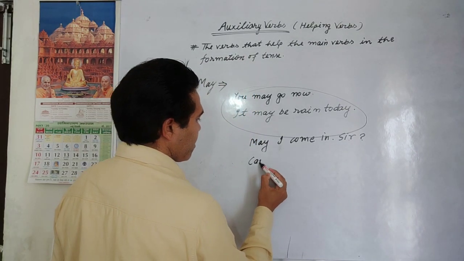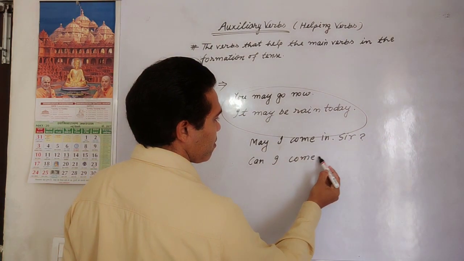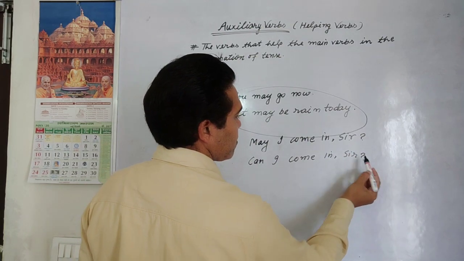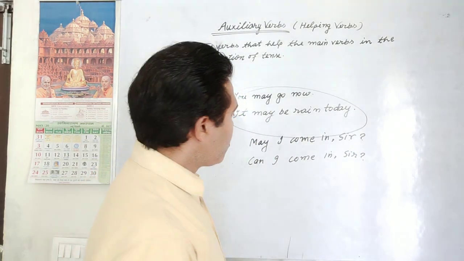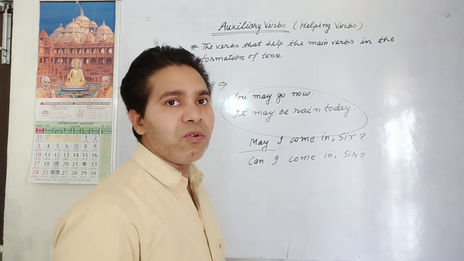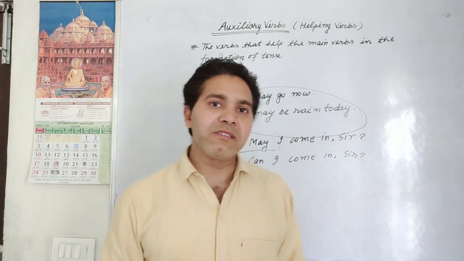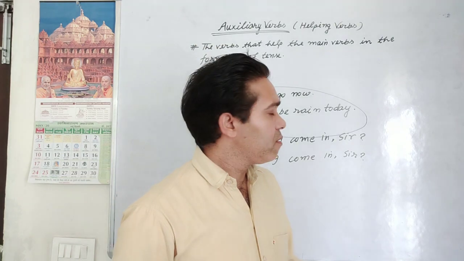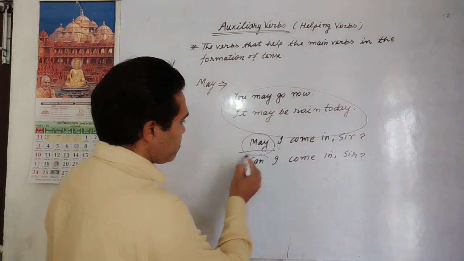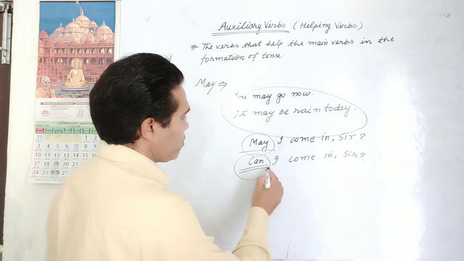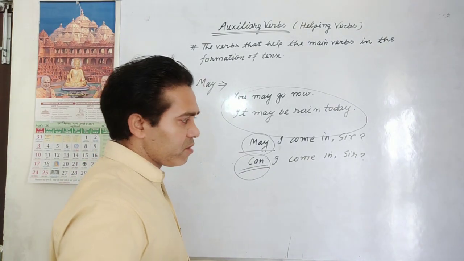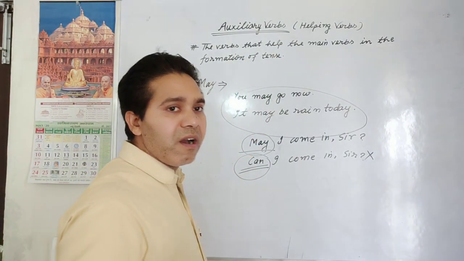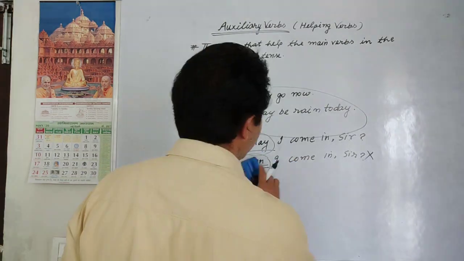If we say, can I come in, sir, means if we want to use may with teachers or for respectable persons, then we use may. For teachers, principals, okay, and with relatives or friends, we use can. Okay, so it may not be correct. Sometimes, if we are too much familiar with the teacher, then okay.